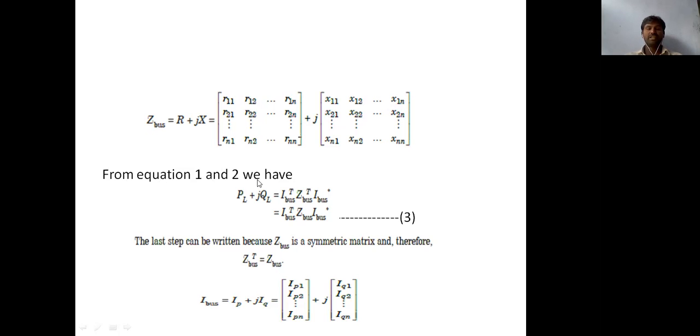From equations 1 and 2, after substituting V bus equal to Z bus into I bus, we have PL plus jQL equal to I bus transpose Z bus transpose into I bus conjugate.